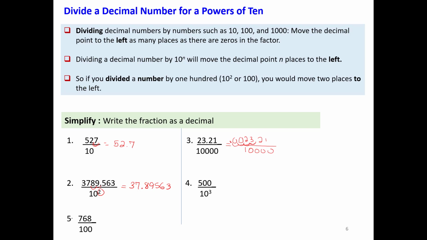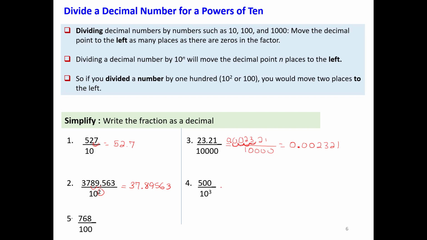Here is the decimal point. And if you want, you can add one more zero to give the right answer. Then we need to move 1, 2, 3, 4 decimal places, and the answer is 4.002321. Again 1, 2, 3, 4, and here is the new decimal point. It's right here.